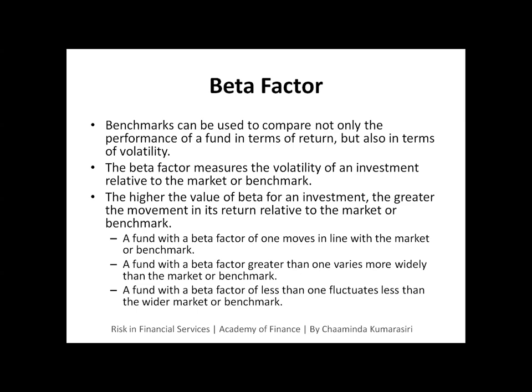Beta is a factor to identify the volatility of an instrument against the market volatility. So you get the market volatility or the risk ascertained, and then you multiply that by the beta factor to get the security's volatility.